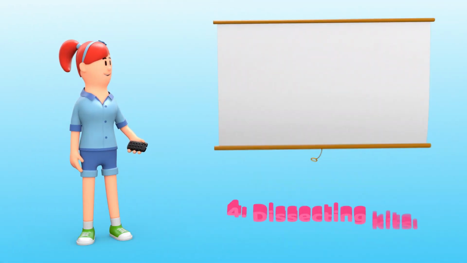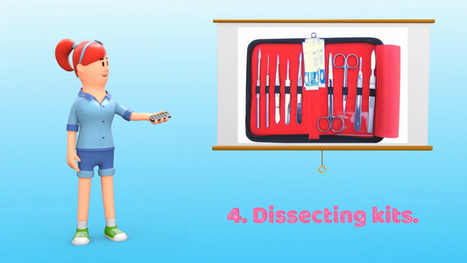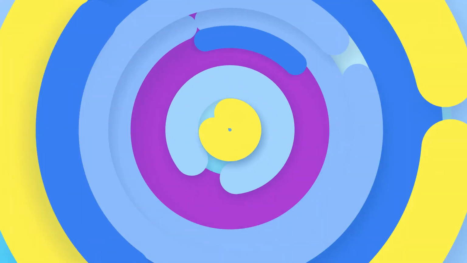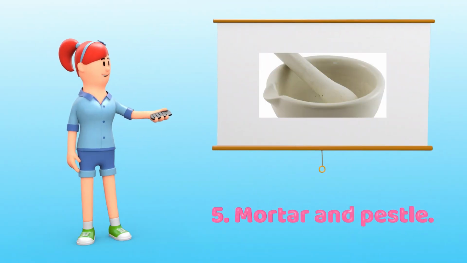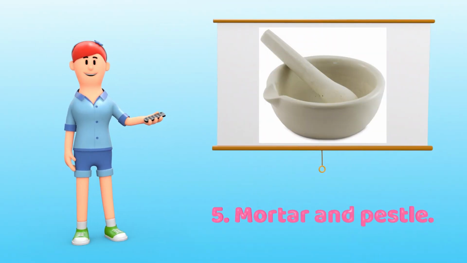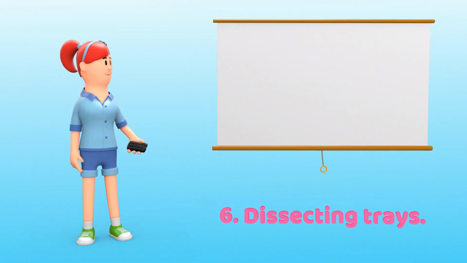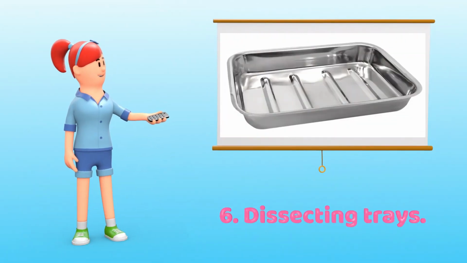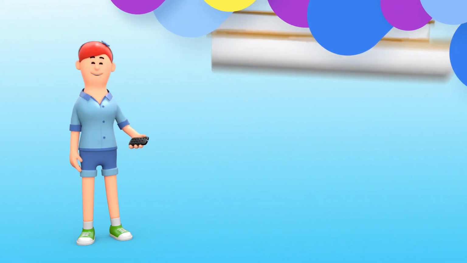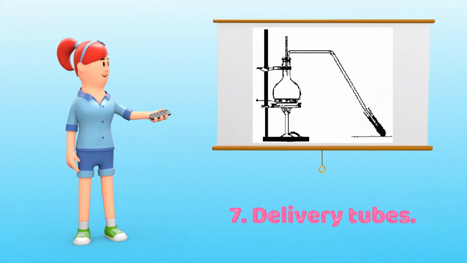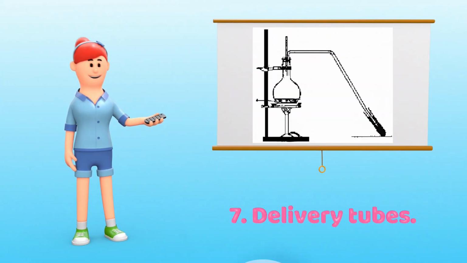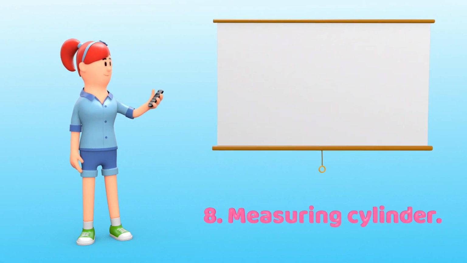Also, we have dissecting kit. Also, we have mortar and pestle. And another is dissecting trays. Another one, we have delivery tubes. Also, we have measuring cylinders.